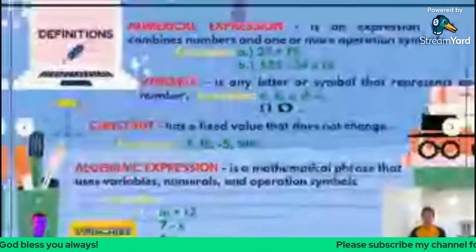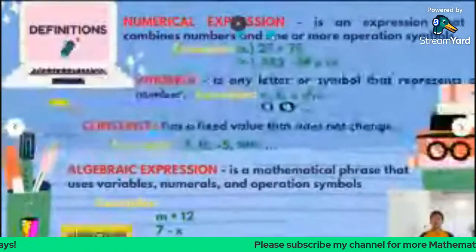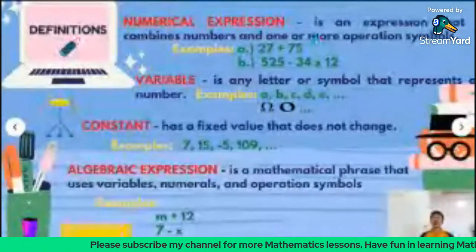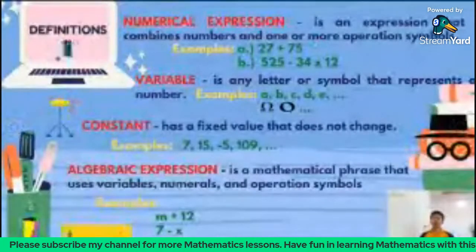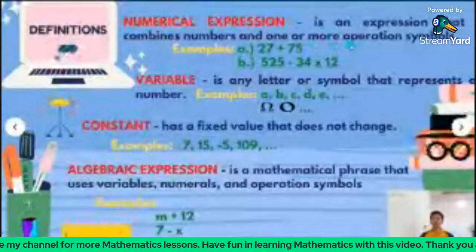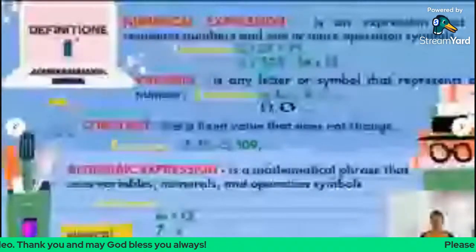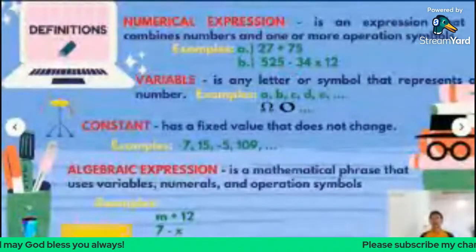Definitions. A numerical expression is an expression that combines numbers and one or more operation symbols. Examples: 27 plus 7, 525 minus 34 times 12.